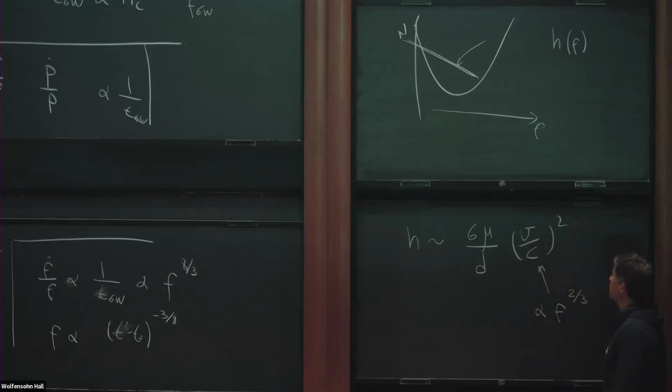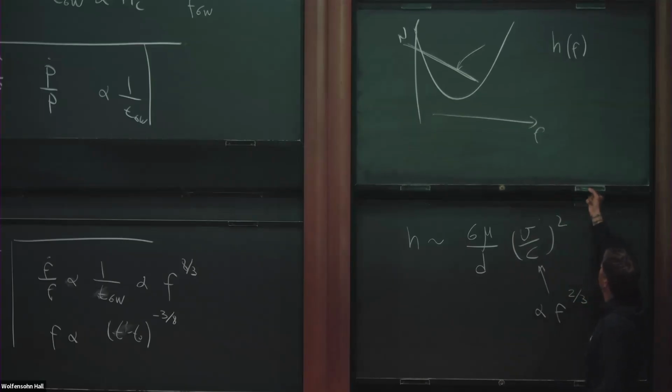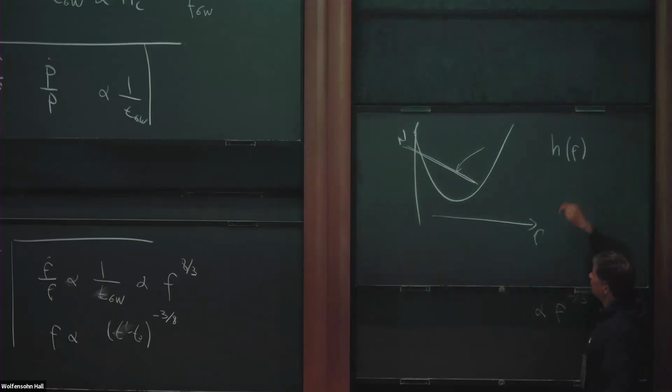So part of that frequency, the h of f, how it depends on frequency, is coming from this v over c. But that's not all there is to it, because for that plot, we are talking about the strain as a function of frequency.